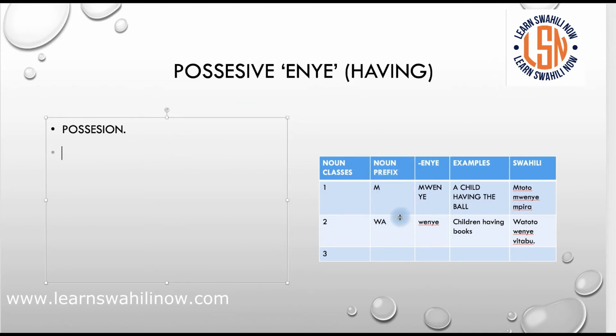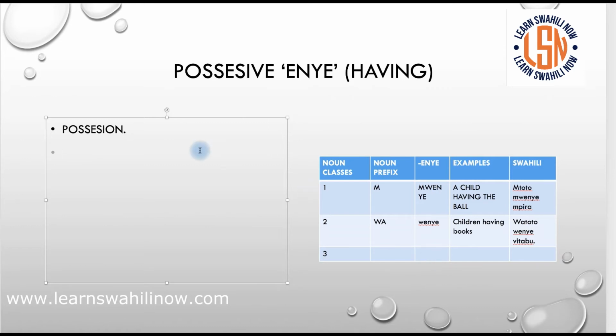It's important to note that only the first two classes will use the noun prefix to create this enye. The rest of the noun classes will use their first demonstratives. That's why here I'm only covering two so that you can at least start using them. In future lessons, I will actually be doing a whole webinar on this concept.